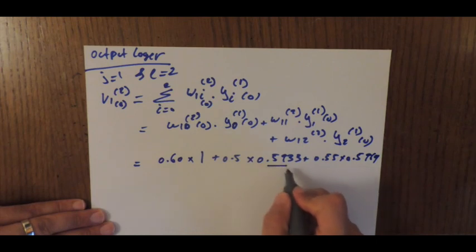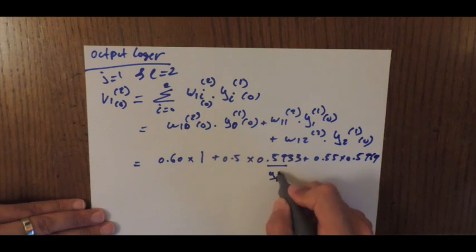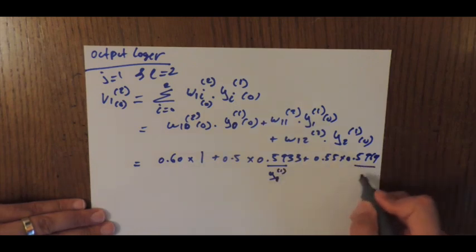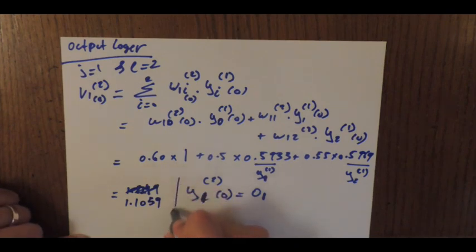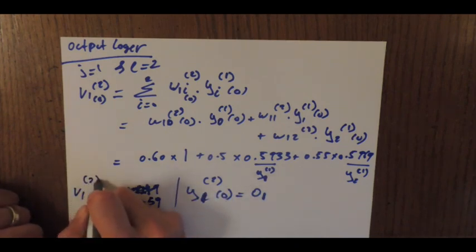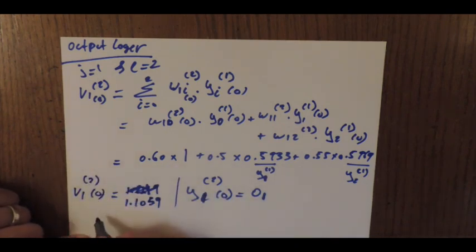These are Y1 of 1 and Y2 of 1, which will be equal to 1.1059. This will be V1 of 2, the first induced field of the output layer.